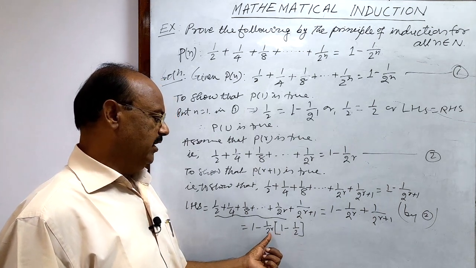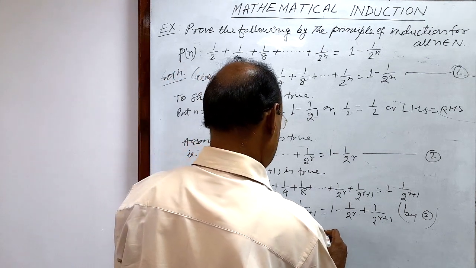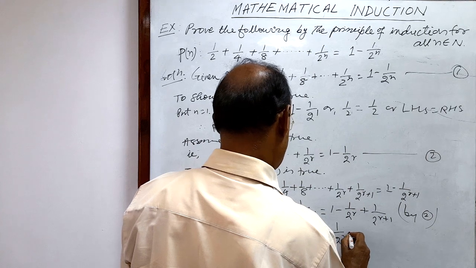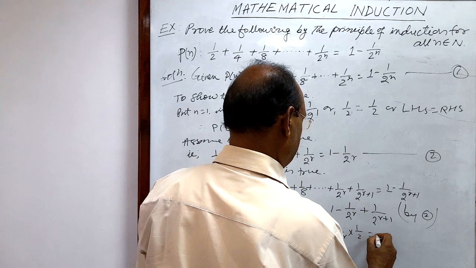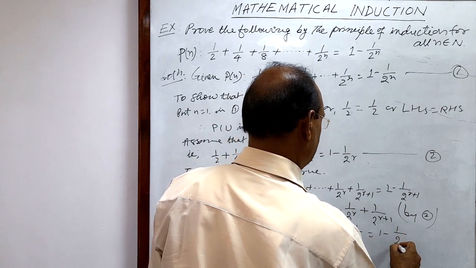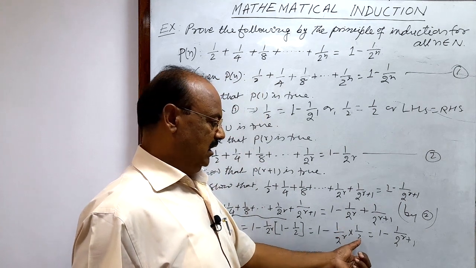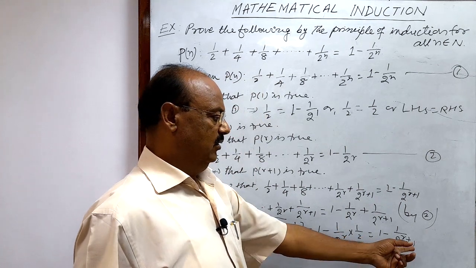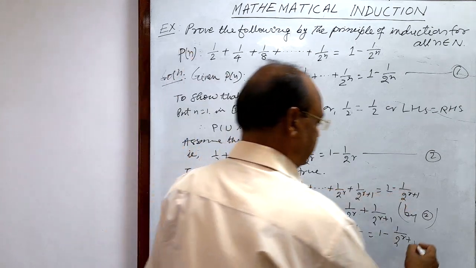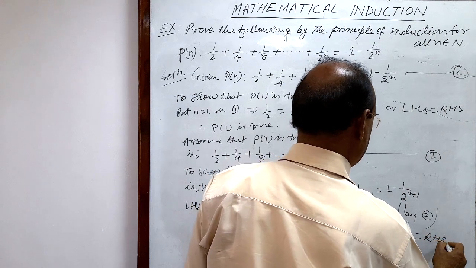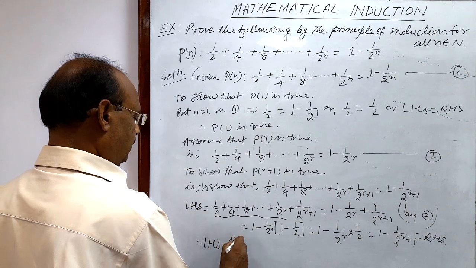By multiplying we get 2^(r+1). So this is equal to 1 minus 1/2^r into 1 minus half, which is half. So this is equal to 1 minus 1/2^(r+1). This is 1/2^r into half, so we get 2^(r+1). So you see we have come to the right hand side. We are getting that LHS is equal to RHS.